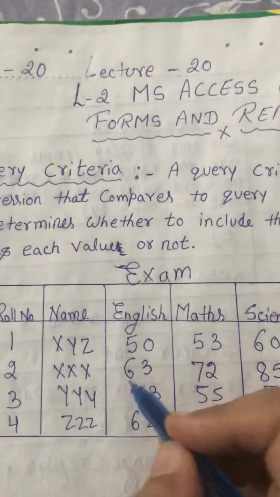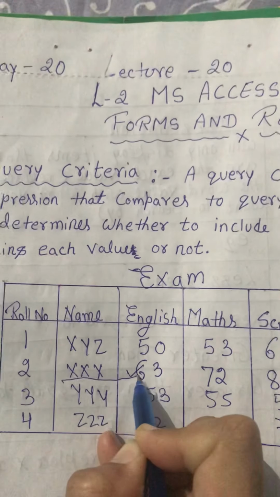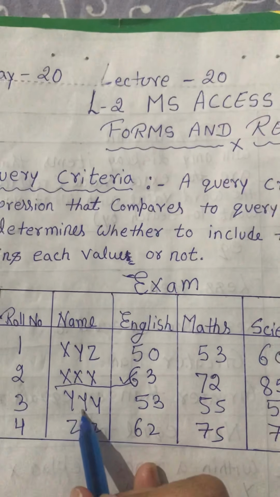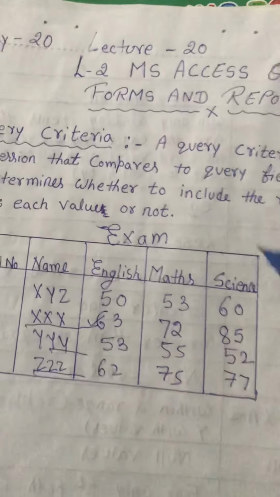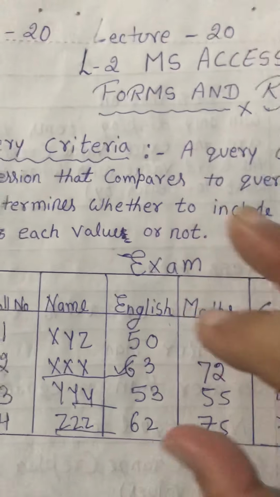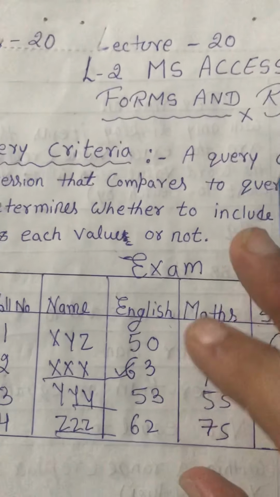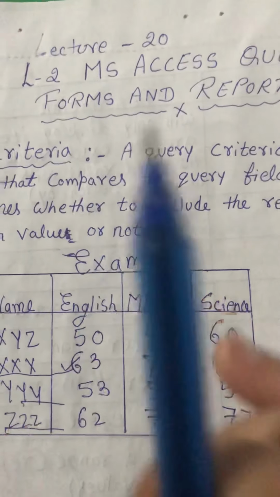Those greater than 50: 63, that means roll number 2 marks, and roll number 3 and roll number 4 marks, in the specific subject. In this way, query helps you to see specific records with the help of different criteria.